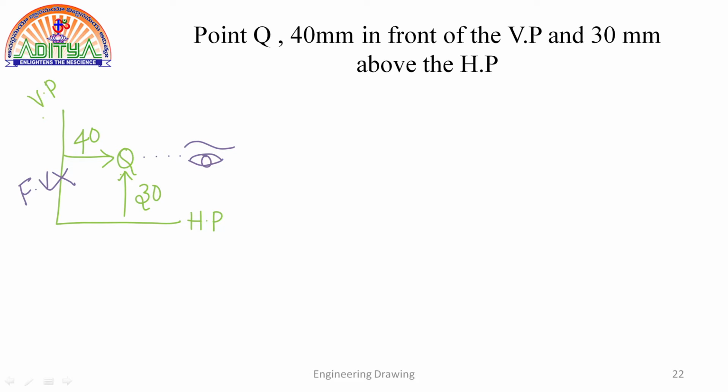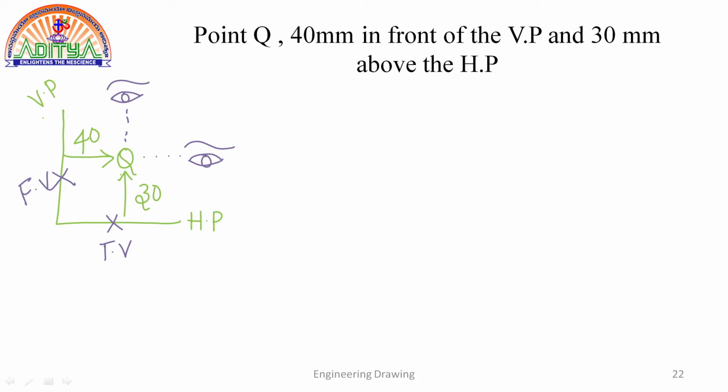And when you are seeing this from the top view, the top view of the point Q is projected on the horizontal plane. Okay, we have got the front view and top view.